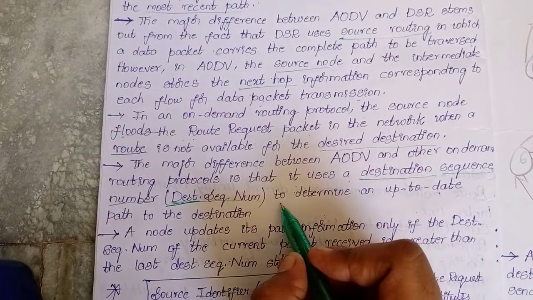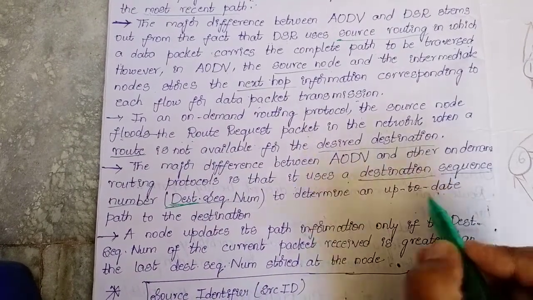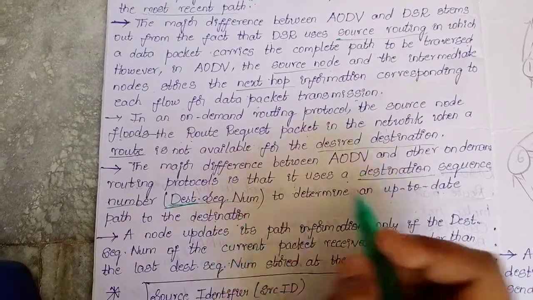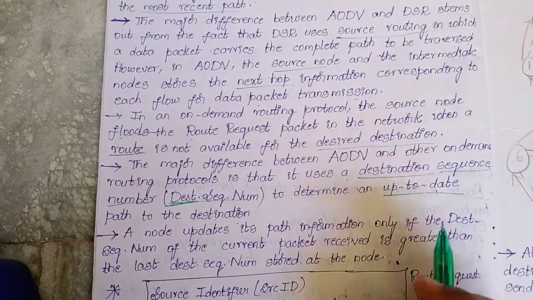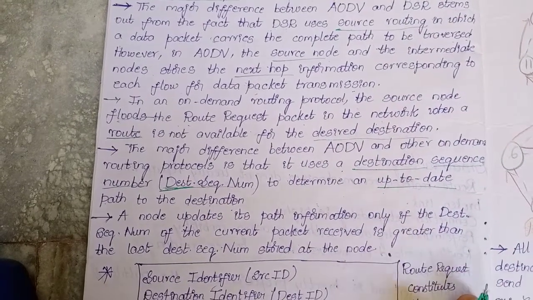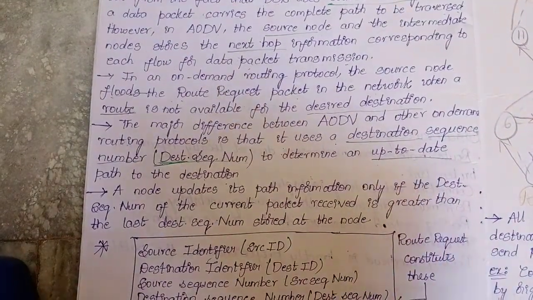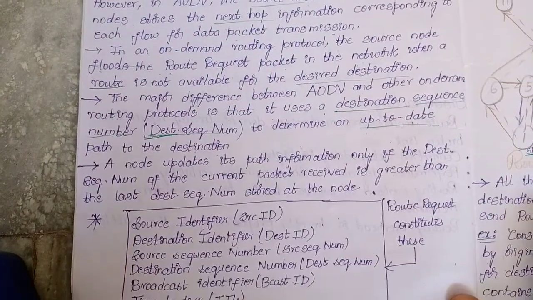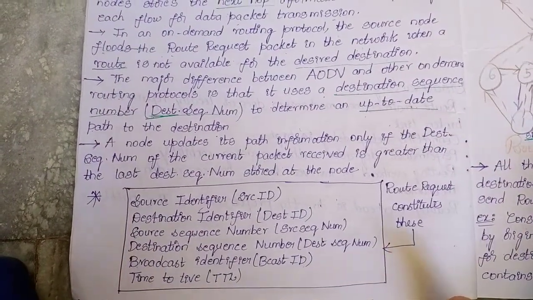This is a point to remember: to determine an up-to-date path to the destination. Up-to-date path indicates it must be valid. There must not be any path breaks or broken links between the source and the destination.